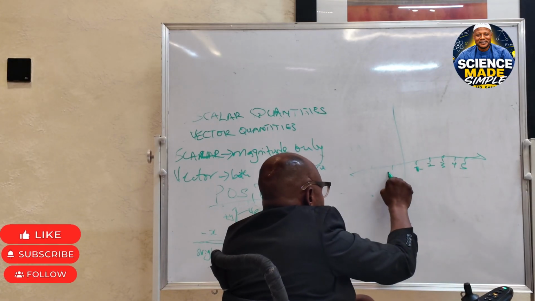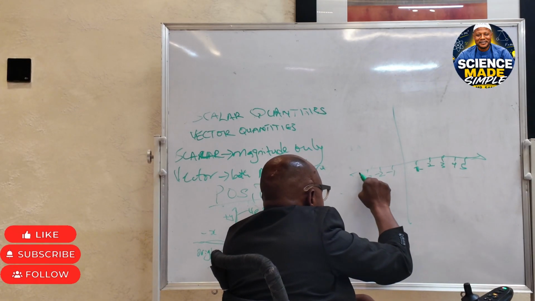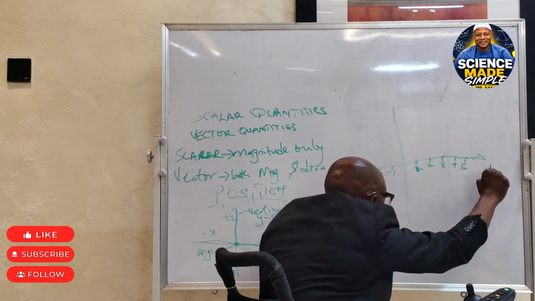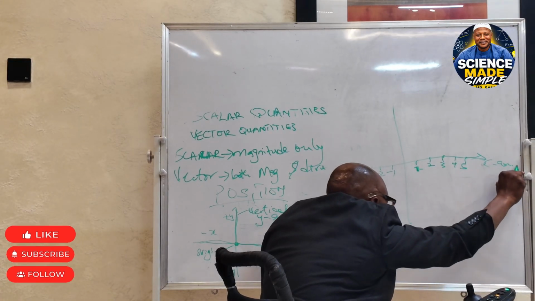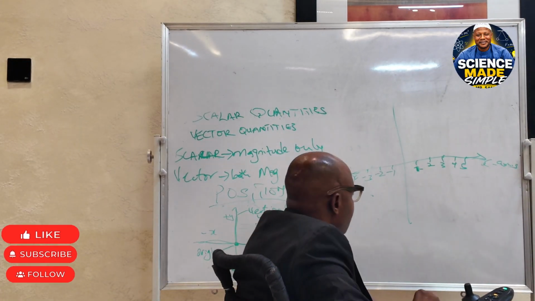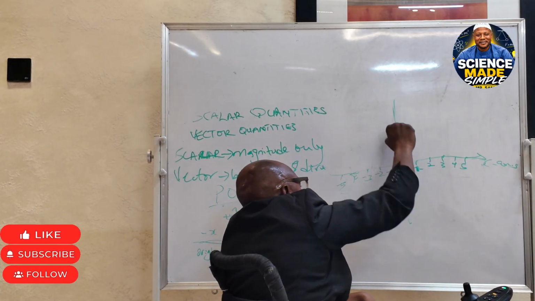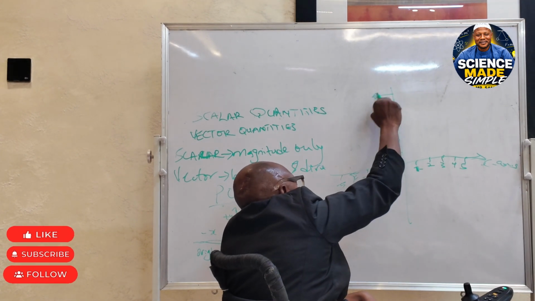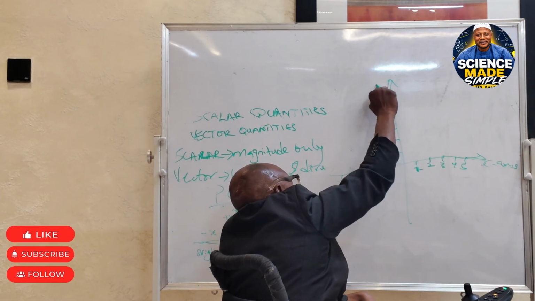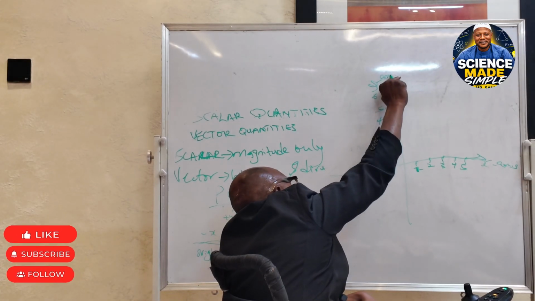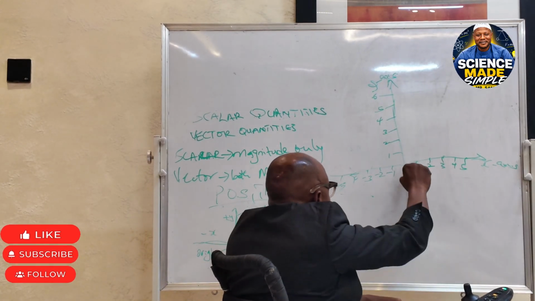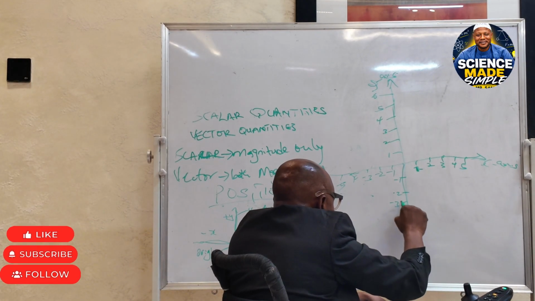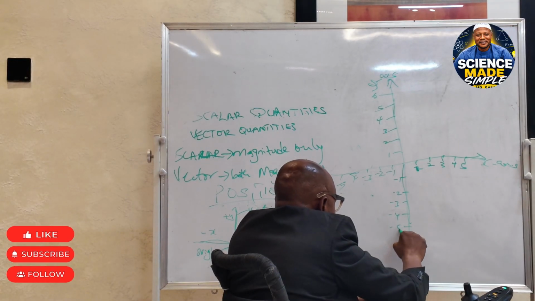For this side, we have -1, -2, -3, -4, -5. This is positive x, this is the x-axis, and this is negative x. Ditto for this axis: you can also say this side is 1, 2, 3, 4, 5, 6, and so on. This is the y-axis. For the down side, we have -1, -2, -3, -4, -5, -6.